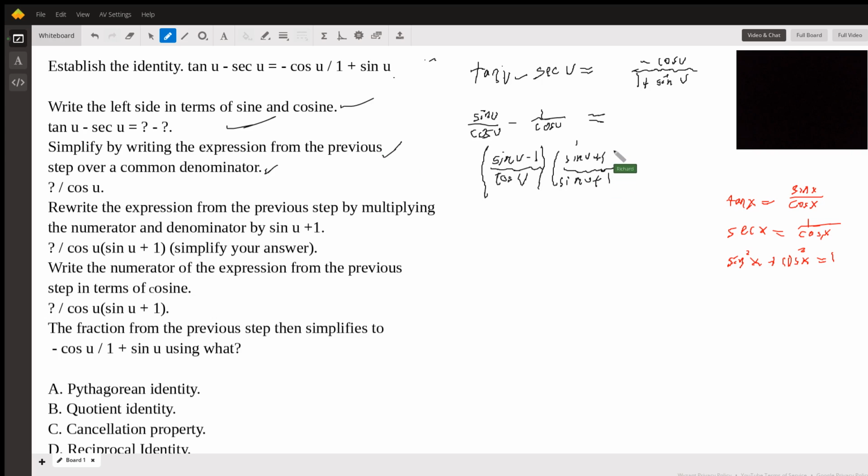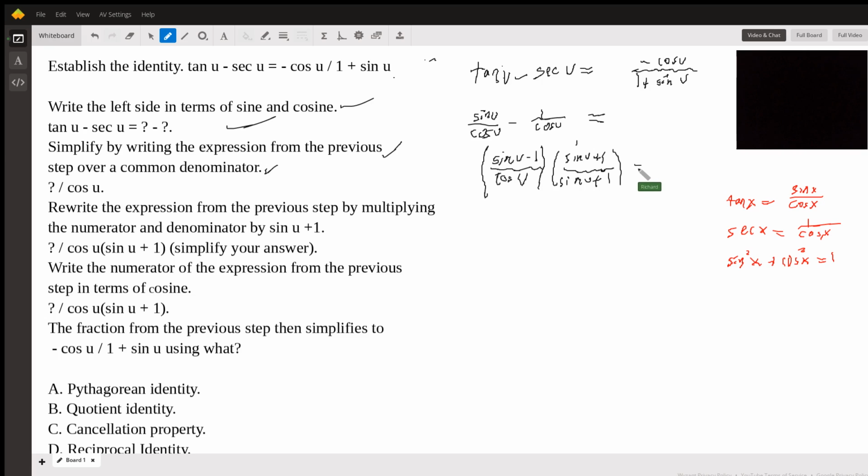So this is just multiplying by 1, right? Sine u plus 1 over sine u plus 1 is just 1. So by multiplying this, we're not changing the value of the first fraction because we're just multiplying it by 1.